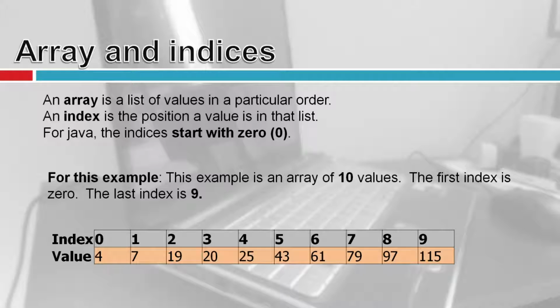I start with 0. So whenever I'm accessing a position in a Java array, it'll start with the index 0. So I will say the first value is at position 0, the next one's at position 1, and so on all the way to 9. So here's an array of 10 values, but it goes from index 0 to 9.